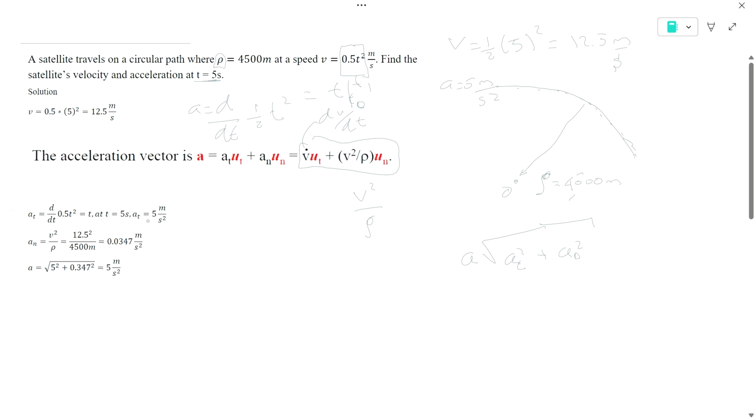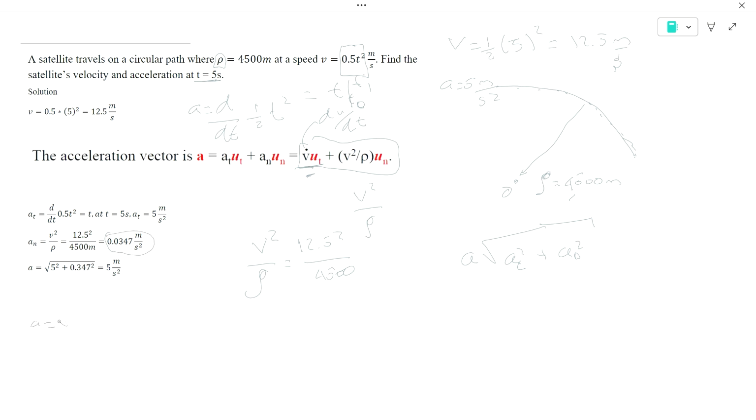All right, so all you need to do is find each component. We already have the tangential component of the acceleration, and here we do v squared divided by rho, which is 12.5 squared divided by 4,500. This number is 0.03 meters per second squared.